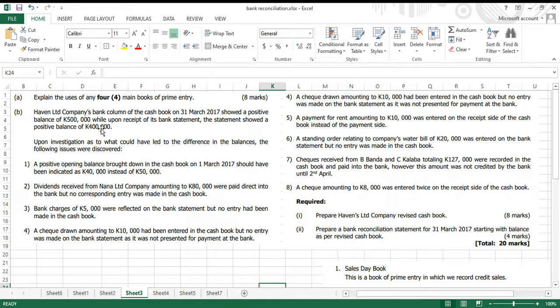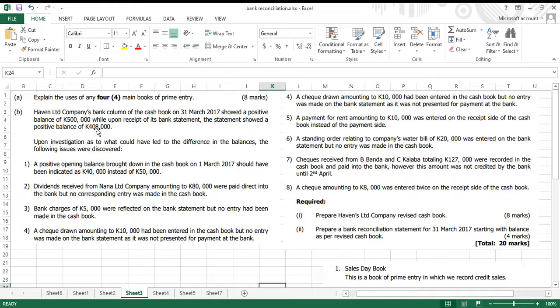So our updated cash book and our bank statement are not going to tally up, because we are using the balance of our revised cash book. If the question told us just to prepare a bank reconciliation statement, we would have used this balance here. But our balance would be from our revised cash book. So do not worry if it doesn't balance. The question has given us the reason why.